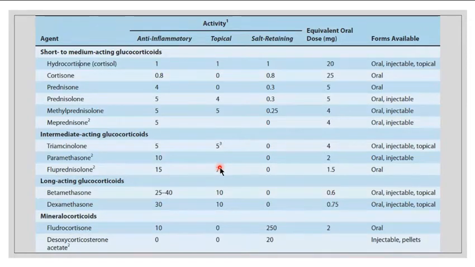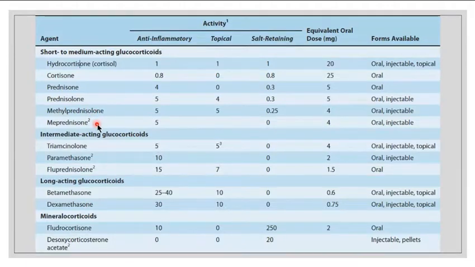Here we have a list of corticosteroids. On your screen, top left corner, we have short to medium acting corticosteroids. We have hydrocortisone, cortisone, prednisone, prednisolone, methylprednisolone.